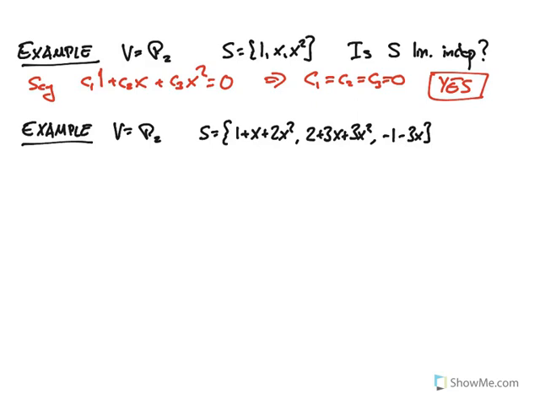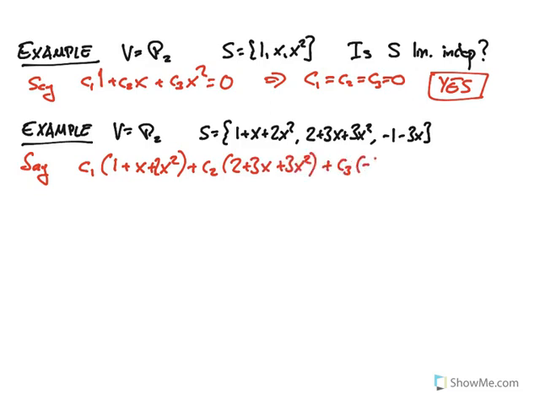Okay, so the next example is a little bit more interesting. Let's consider this one. If I take C1 times the first guy and C2 times the second and C3 times the last, then now the question is, do I have non-trivial solutions to this?